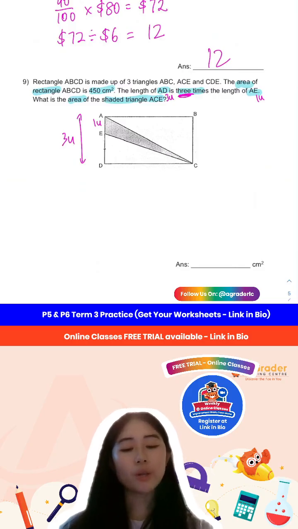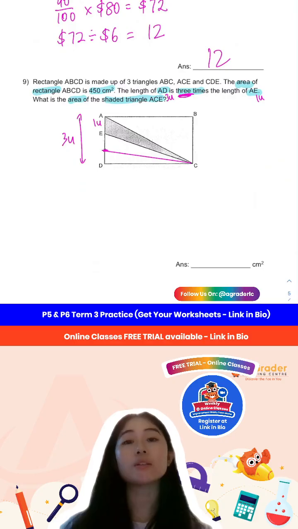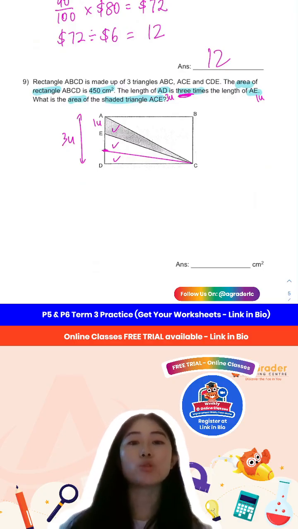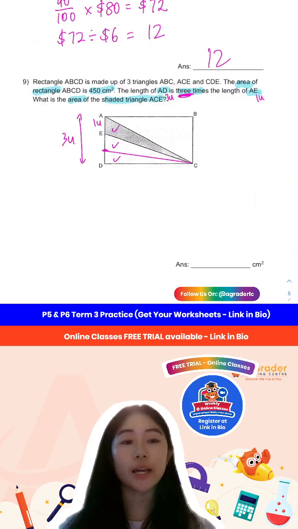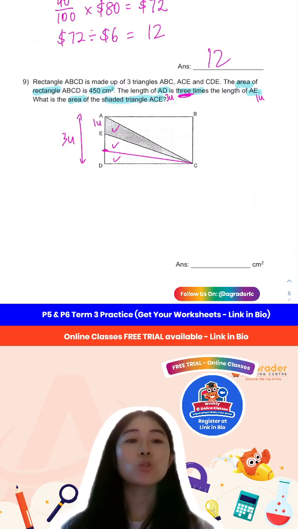Actually you can draw another line here and further split this triangle. After I draw this line, I get 3 triangles that have equal area. How do you know they have equal area? Because they have the same base and the same height. So therefore they will have the same area.